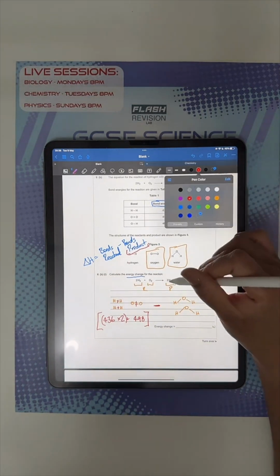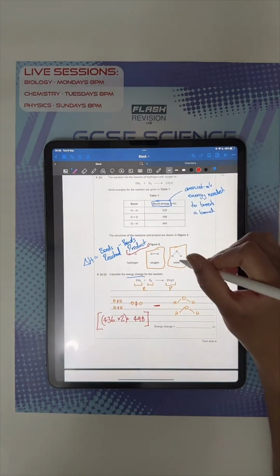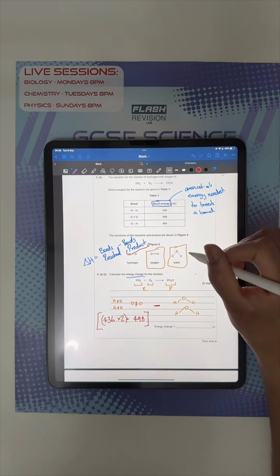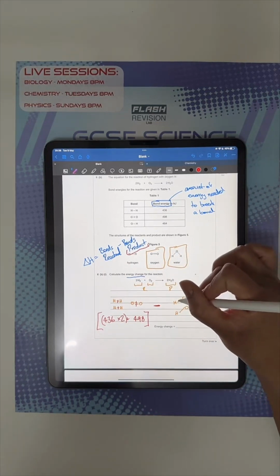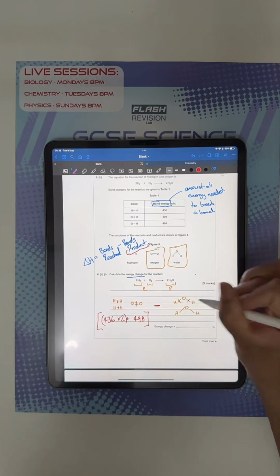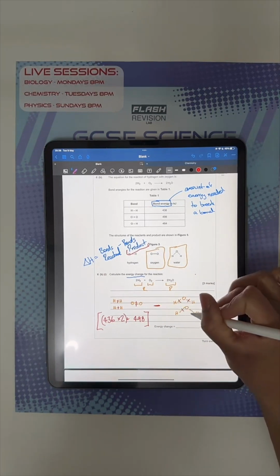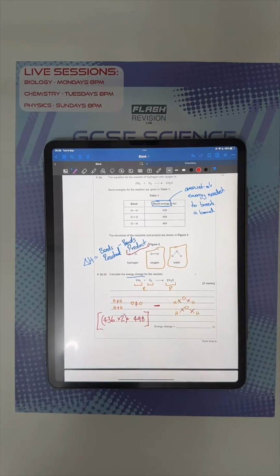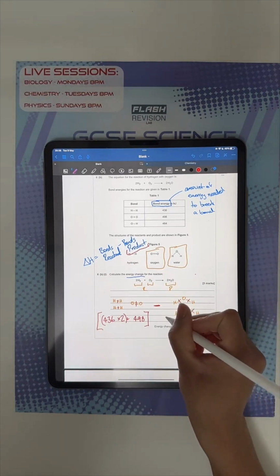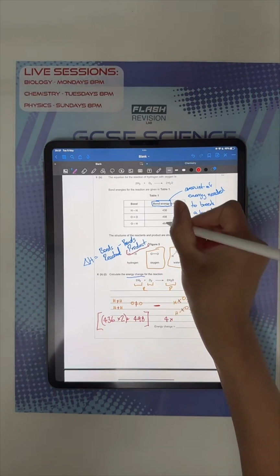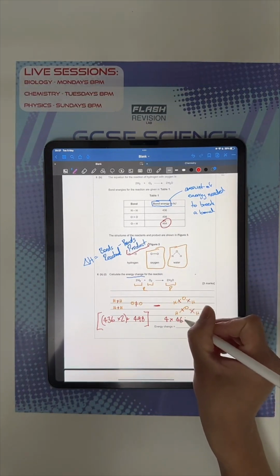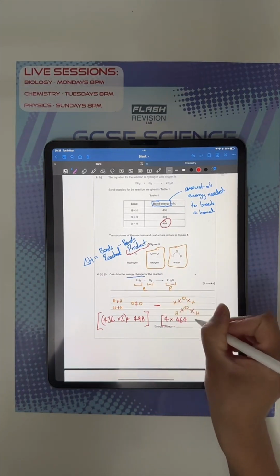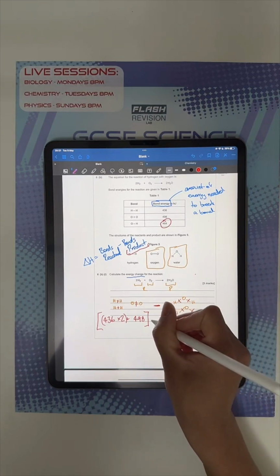So don't make the mistake of thinking there's 2, because each water has 2 O-H bonds. See that? 1, 2, 3, 4 O-H bonds. So we actually need to do 4 times the O-H bond, which is 464. So that's our bonds made.